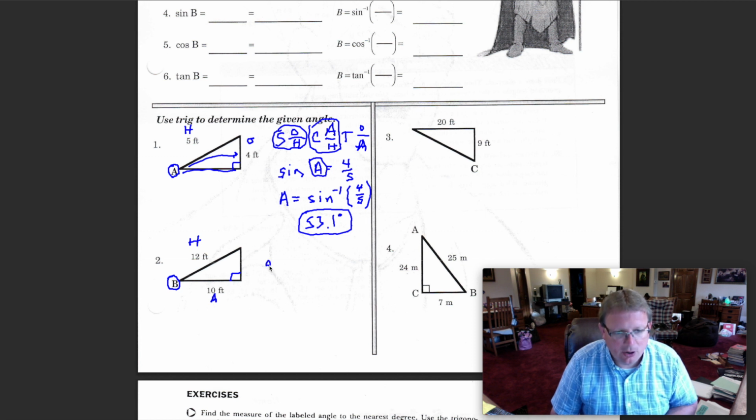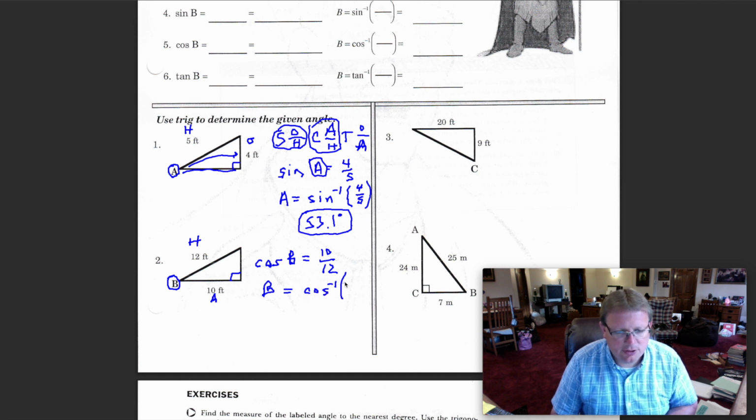So we're going to write cosine of angle B equals 10 over 12. So to get the B by itself, so we can be a good student, we put the word on the other side and do inverse cosine.